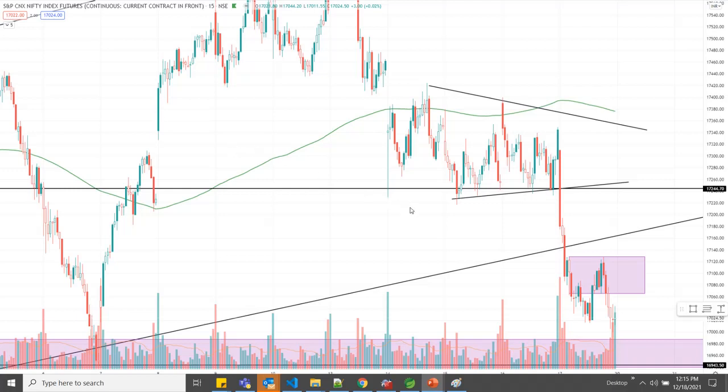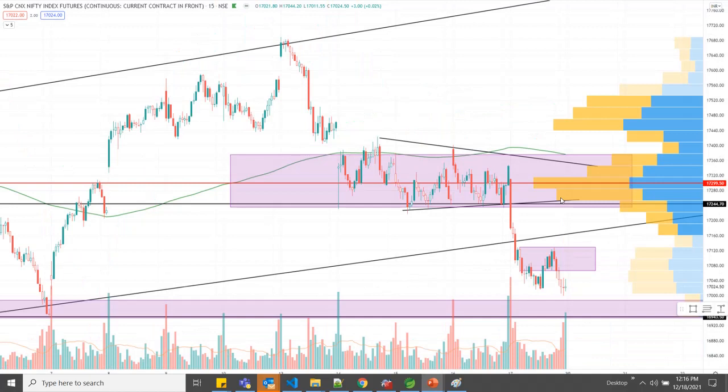This is the chart of Nifty. You can see a clear breakdown from this area, and now whether this is a genuine breakout or a fakeout, while forming the breakout candle we don't know. So the only way to tell whether this is a true breakout is by applying the volume profile indicator.